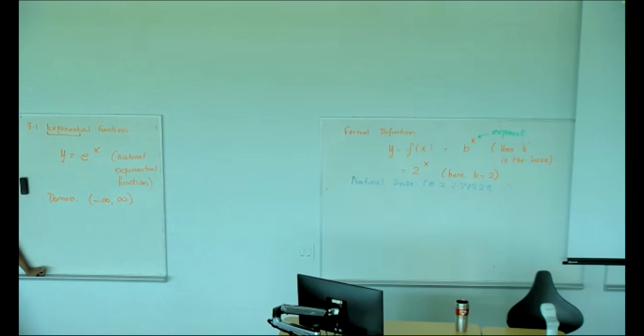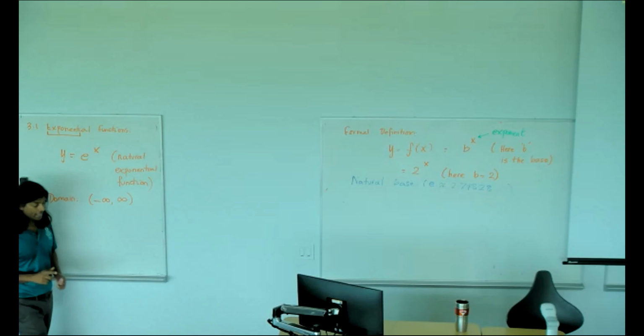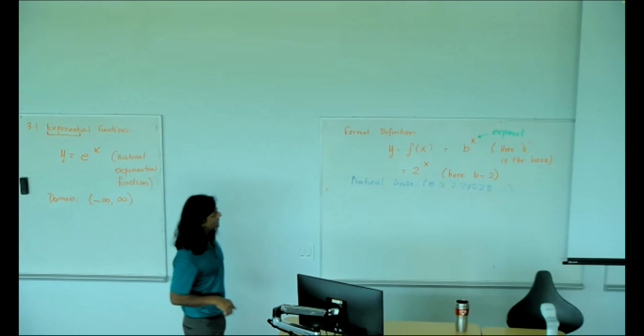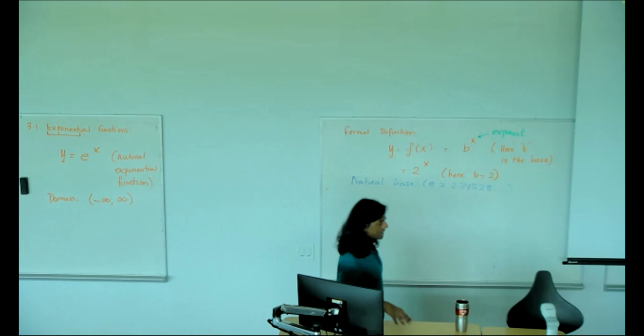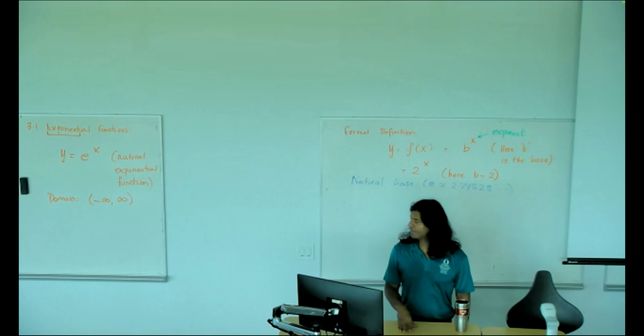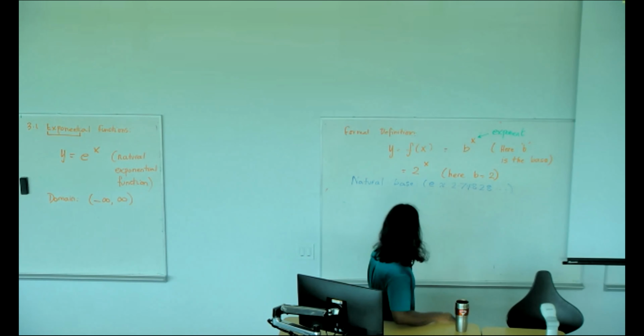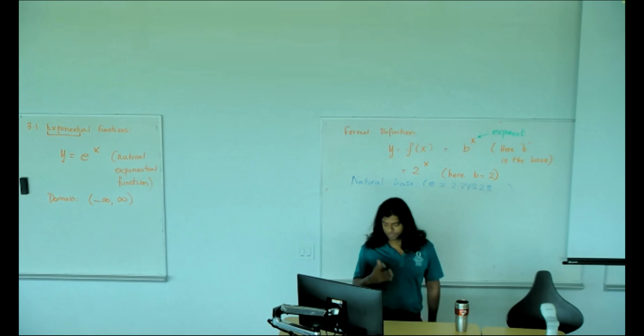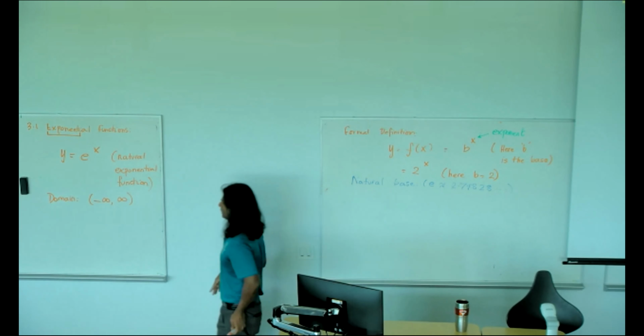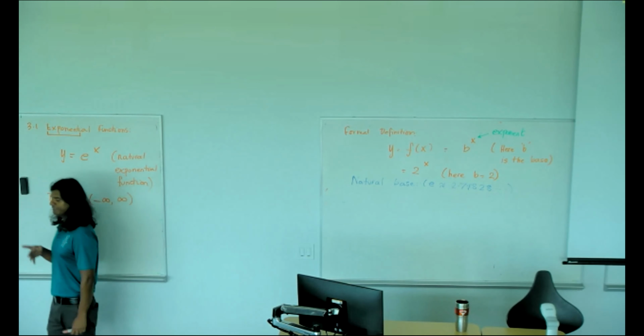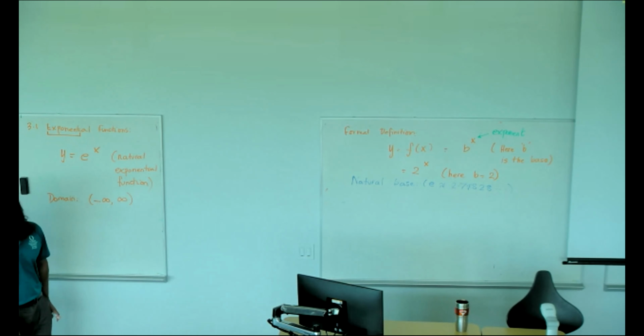So you could put any number you want. Negative infinity all the way up to positive infinity is the domain of an exponential function. And it is the domain of any exponential function. It doesn't have to be e raised to x. It could be 2 raised to x. But we do have to be careful if b is a negative number.